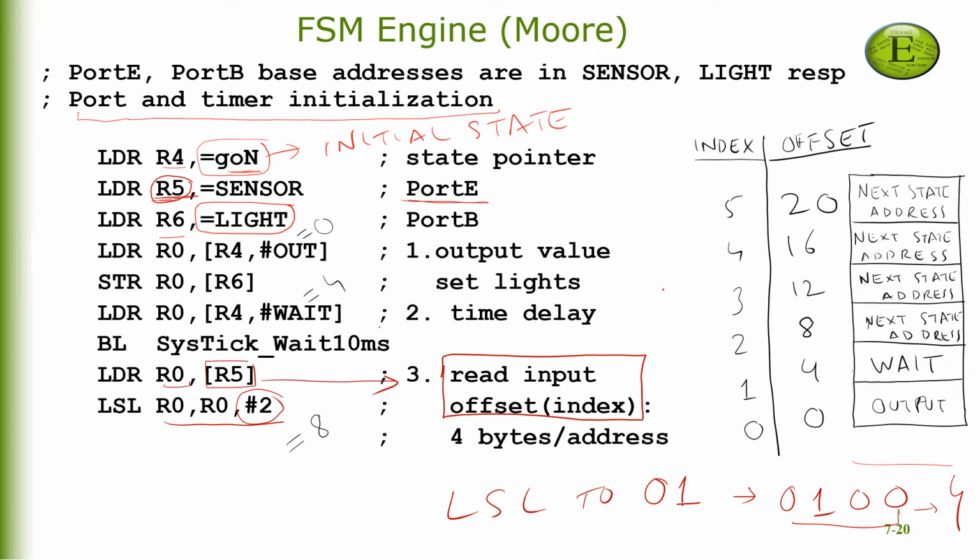So this is a multiplication. If we have 1 0, then this is 1 0 0 0, which is 8. And likewise, if this is 1 1, it's going to give us 1 1 0 0, which is 12.